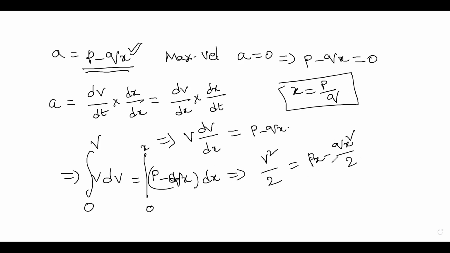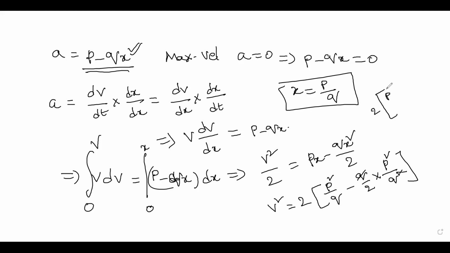Now x is equal to p by q, you substitute, then you will get v square is equal to 2 into p into p by q, that is p square by q, minus q by 2 into p square by q square. So q gets cancelled. So you get 2 into p square by q minus p square by 2q, right?